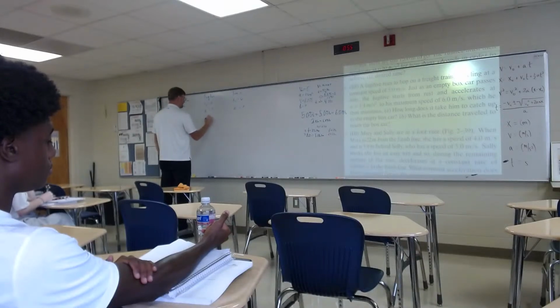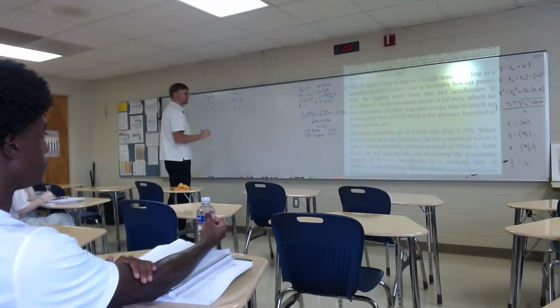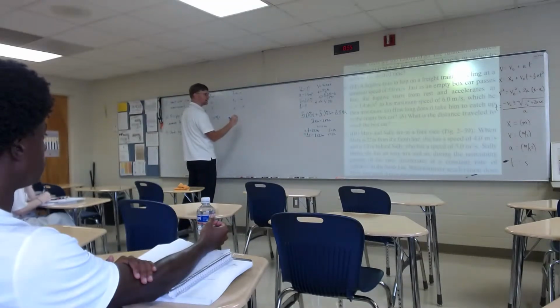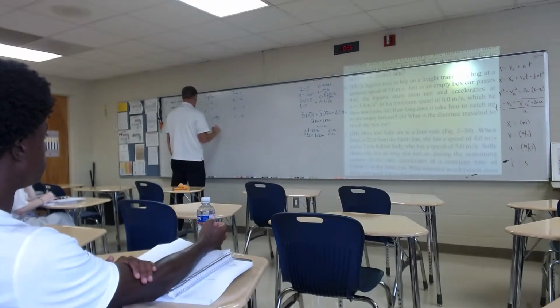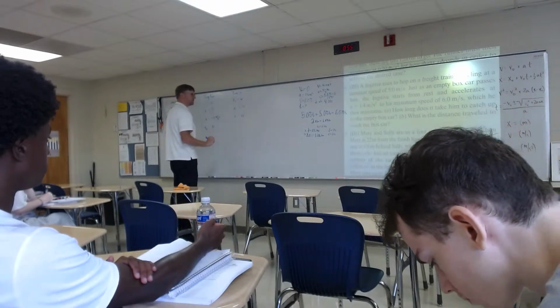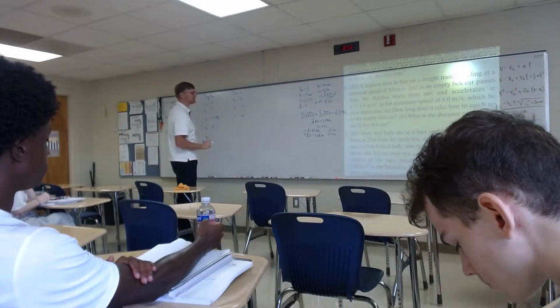The fugitive is accelerating, so he has an acceleration of 1.4 meters per second squared. The train is not, correct? Constant, so it has an a of 0. The fugitive has an initial velocity of 0. The final velocity, does it tell us? 6.